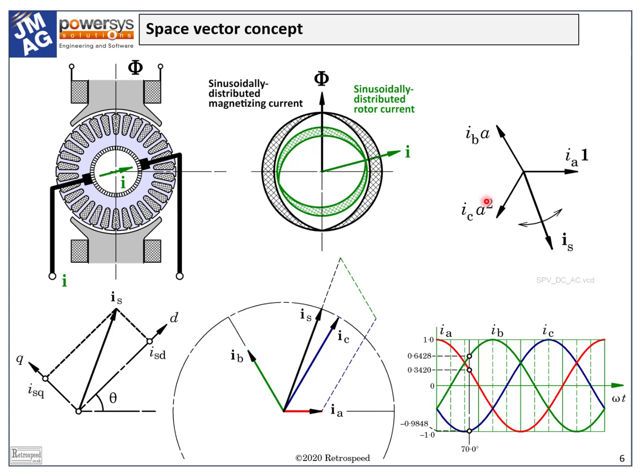Now, if we simply add the three complex numbers representing the space vectors of the individual phase currents, the result is itself a space vector, another complex number, but the orientation of this one is not fixed. It depends, obviously, on the values of the three phase currents, as does its magnitude.